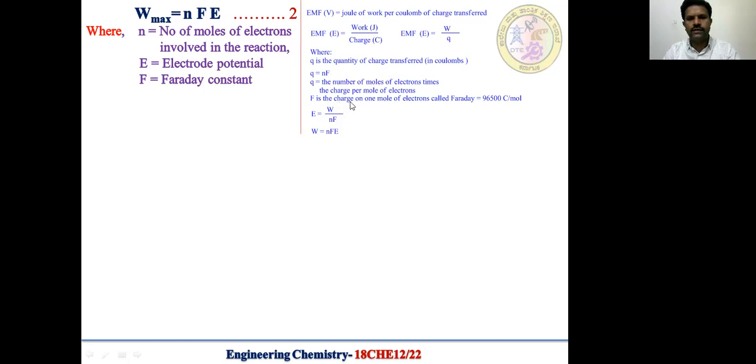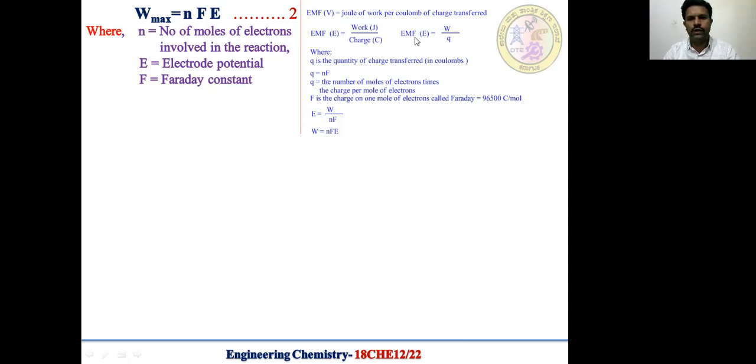It is the charge carried on 1 mole of electrons. The charge carried on 1 mole of electrons is equal to 96,000 coulombs per mole. Hence, that is multiplied with the number of moles of electrons involved in the reaction.